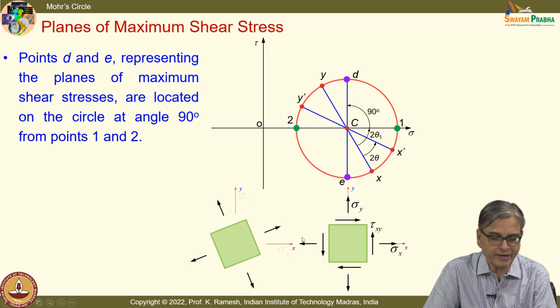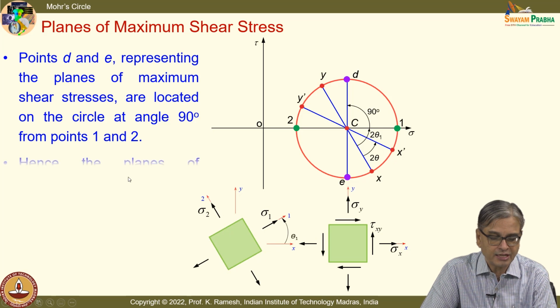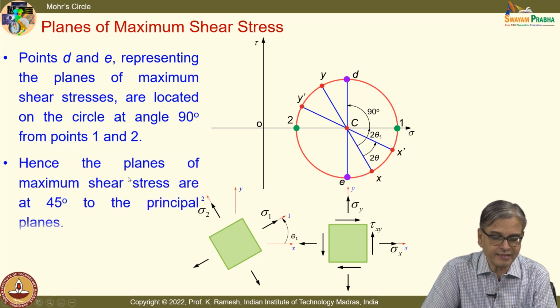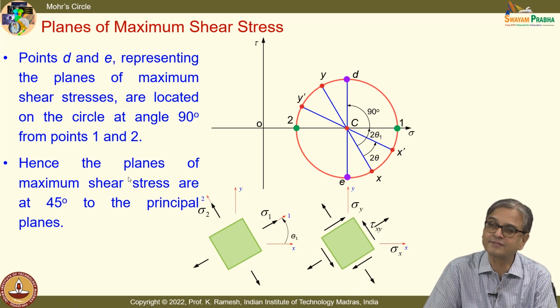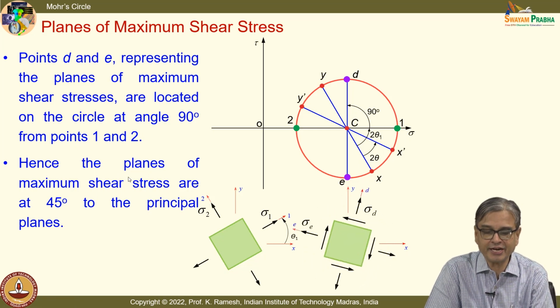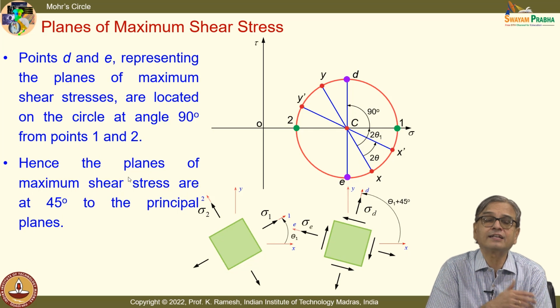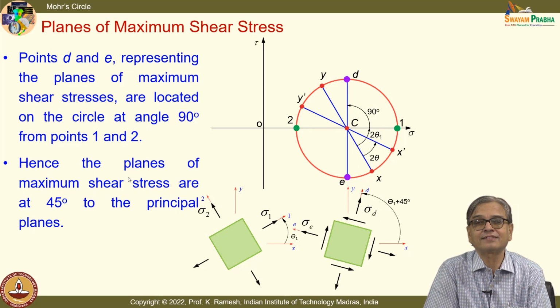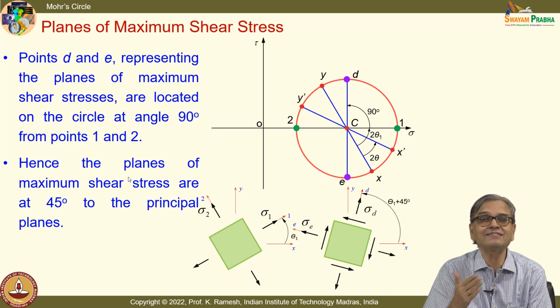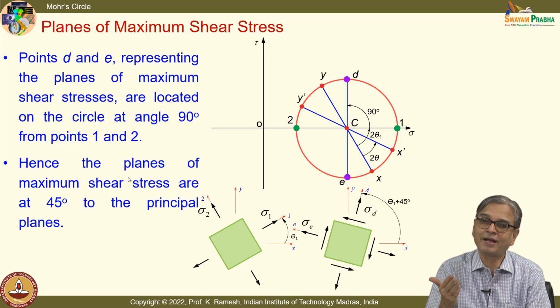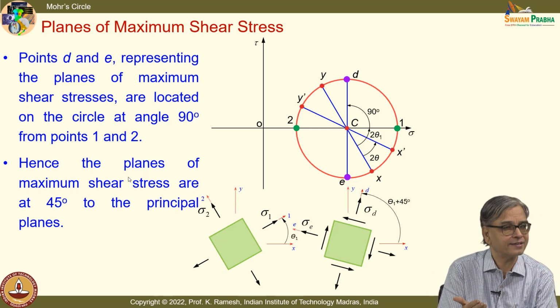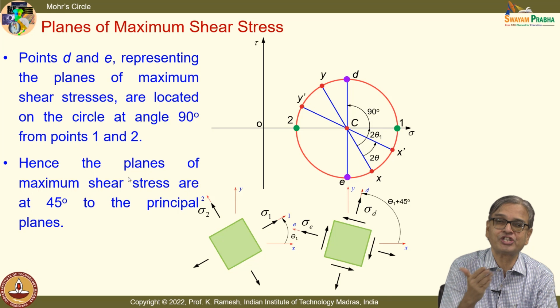So on the physical plane, you can identify from the principal stress plane, they are oriented at 45 degrees. So now you can appreciate, instead of looking at what happens as state of stress at a point of interest, if you look at from principal planes as the reference, your matrix also becomes very simple to write, and you also find out what is shear.